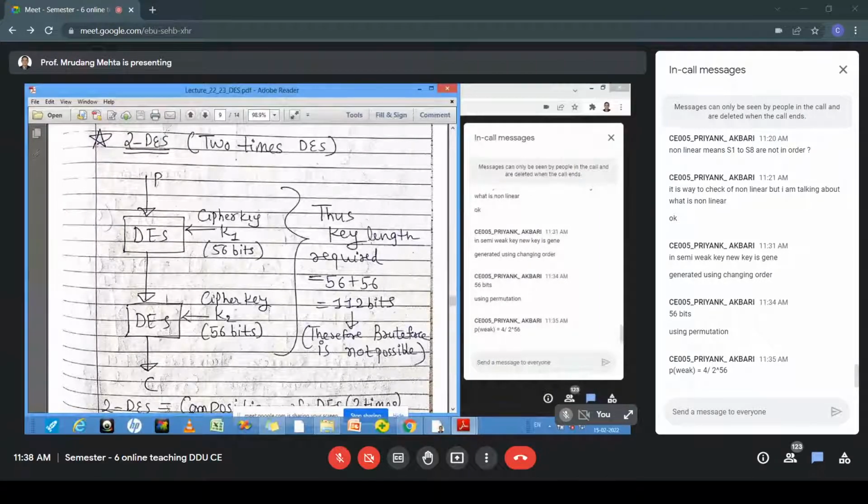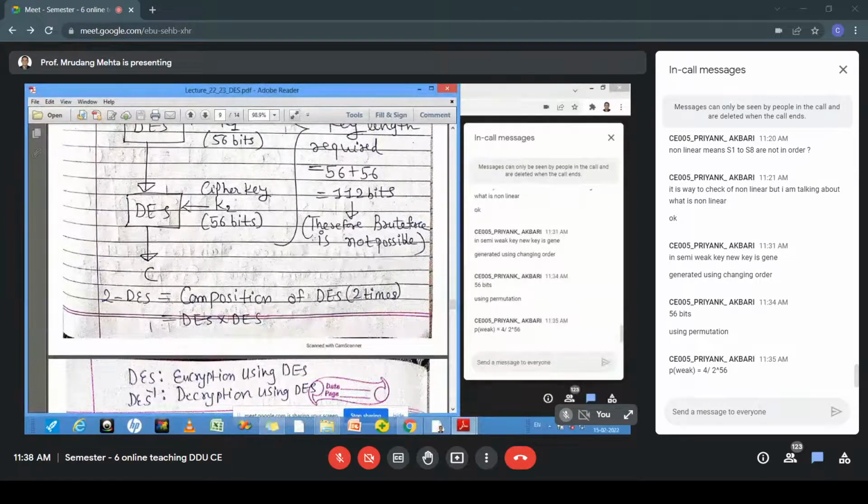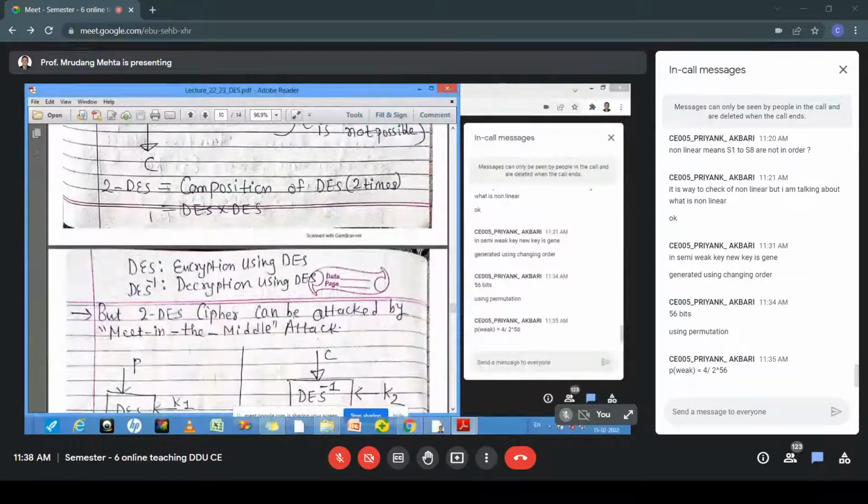So the key length required is 56-bit plus 56-bit, so 112-bit. So this results in 112-bit encryption, and brute force is impossible. So we can say that 2DES is a composition of DES, or 2 times DES.